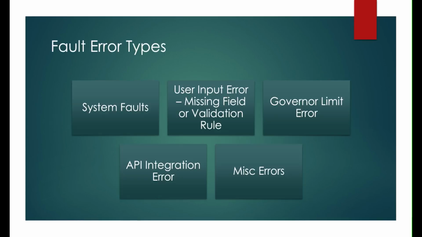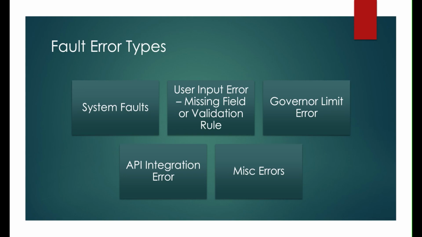All right, so before we get into the demo, I just wanted to quickly go over which fault errors we are covering. We can also further divide it into different types of errors that we may have specifically in a particular org. This is just standard placeholders. So we have system errors, user input errors, let's say a validation rule or a missing field, and so on.